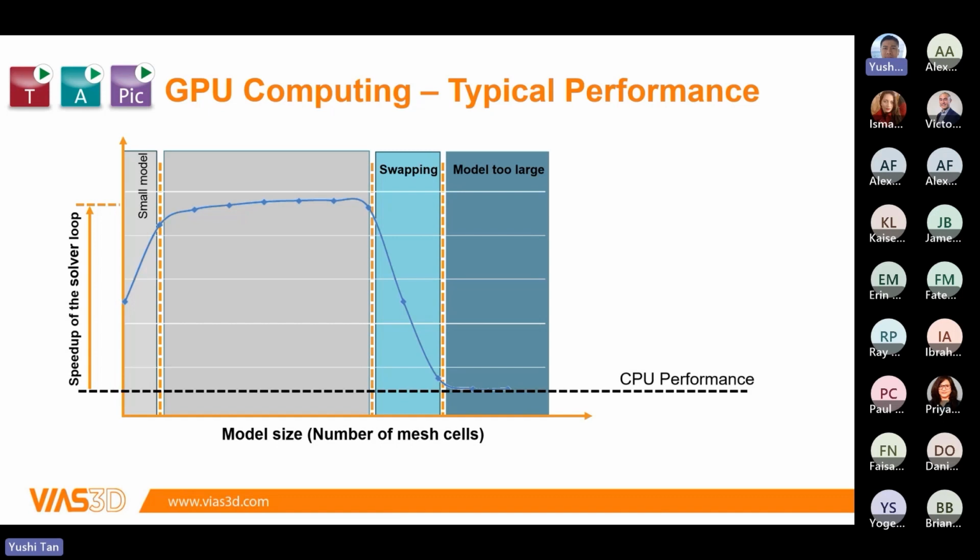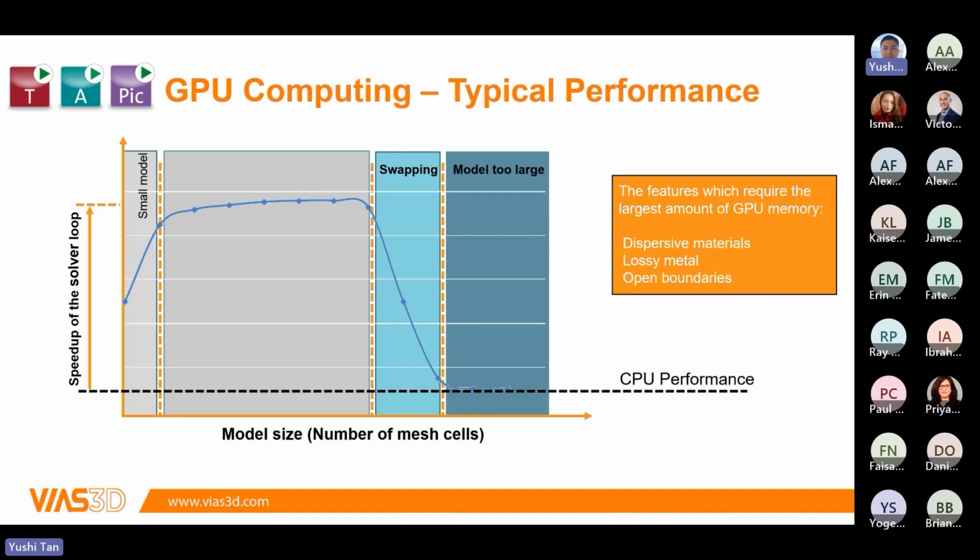We try to avoid the model size being too large. When it becomes too large, it defaults to CPU performance, which is not what we want because you're not taking advantage of the GPU. At that point, you just add another GPU to allow you to solve a bigger model.